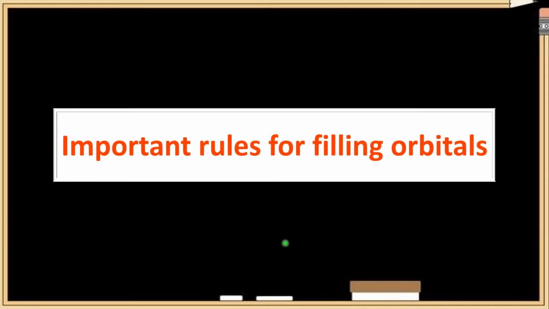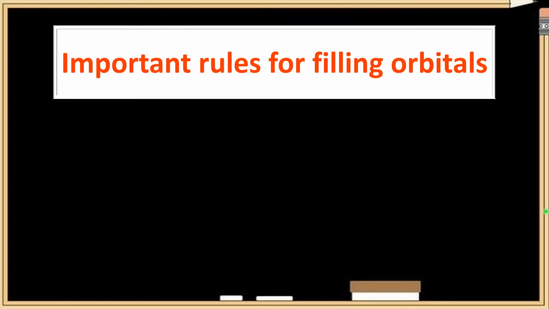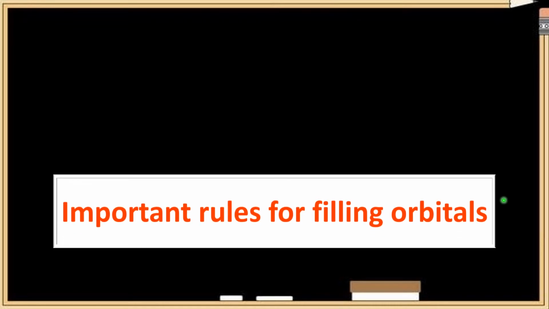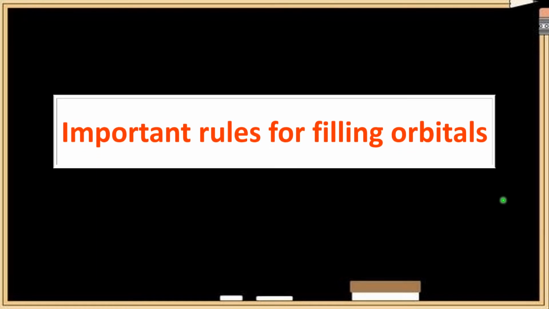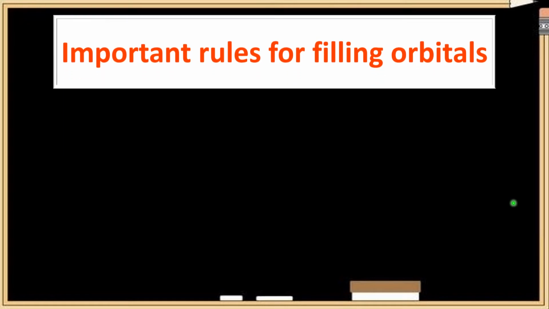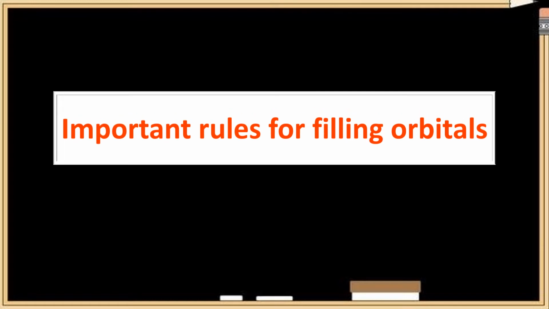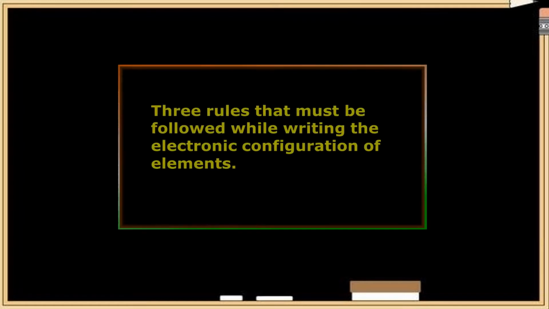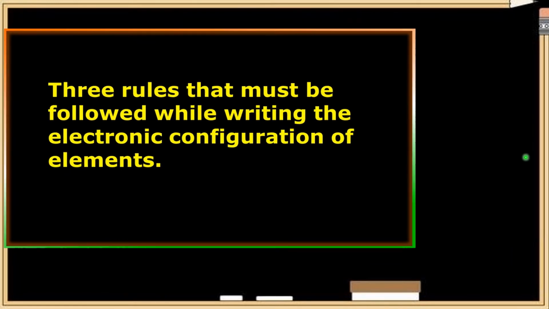Now let us study the important rules for filling orbitals. We must follow 3 rules while filling orbitals. What are those 3 rules? Let us study one by one by taking an example. The 3 rules that must be followed while writing the electronic configuration of elements are: the first rule is the Aufbau principle.